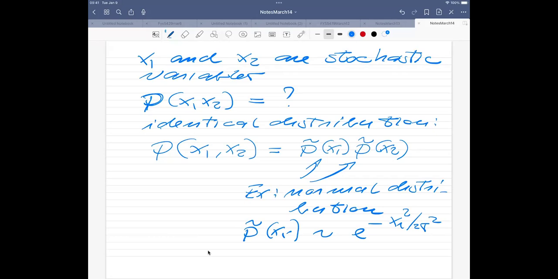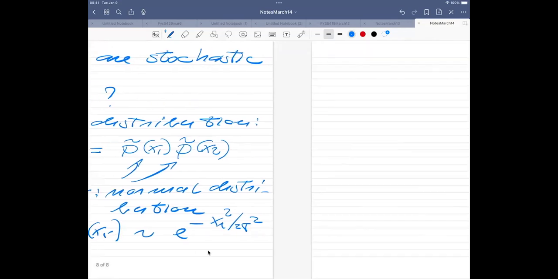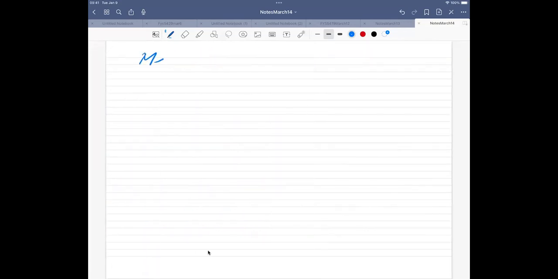Now, this has quite some important consequences for us, because there is another quantity which measures the degree of correlations between two stochastic variables, and that's called the covariance. So meet the covariance, that is our next quantity.